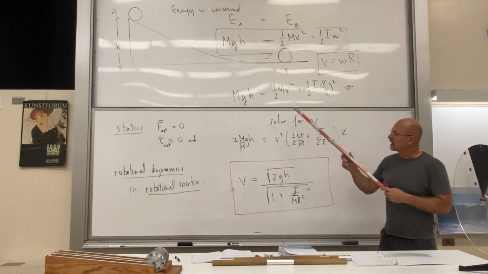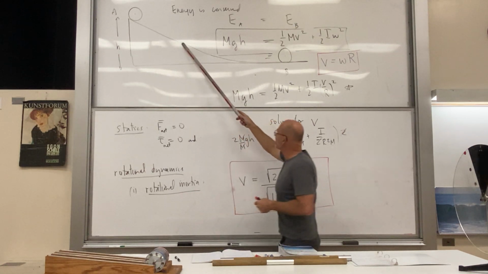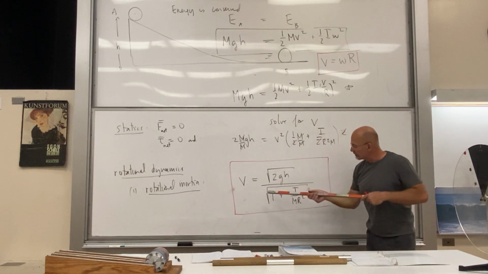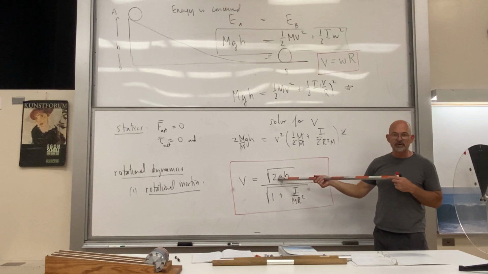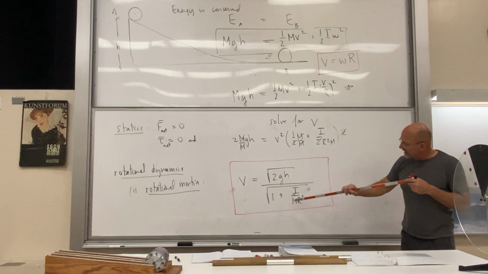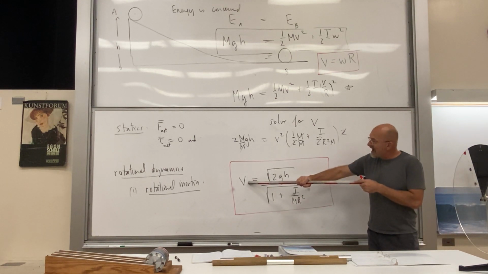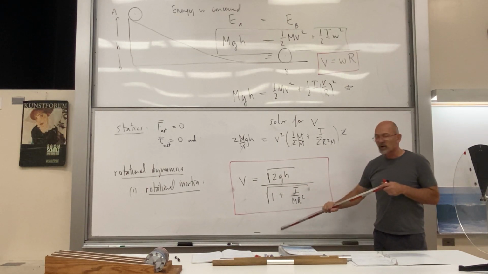If we were talking about a sled on a frictionless slope, we would have just expected root 2gh. This result we've gotten many, many times.